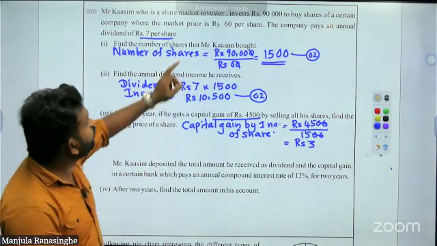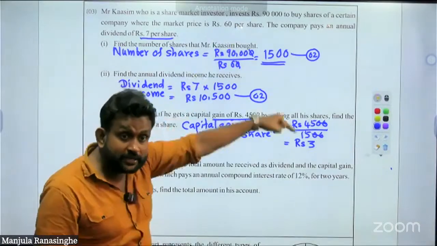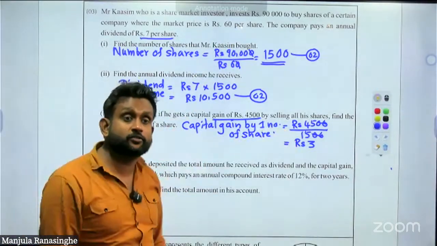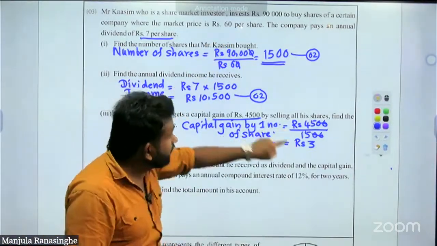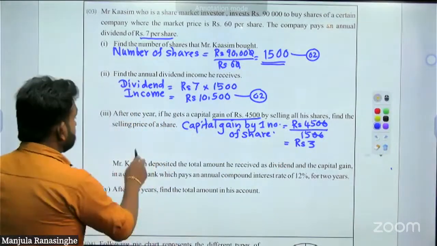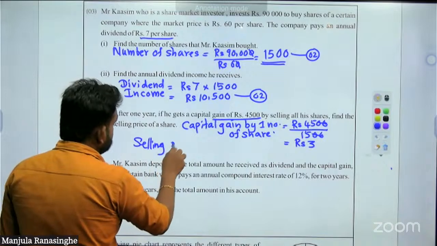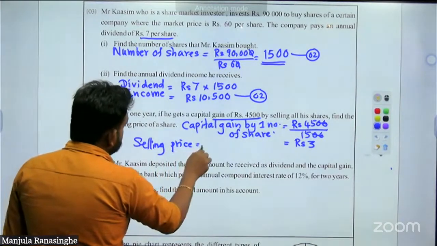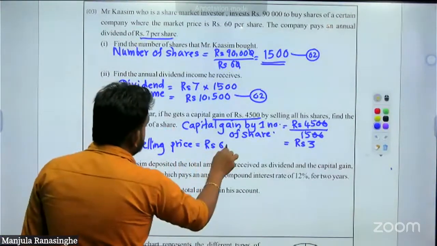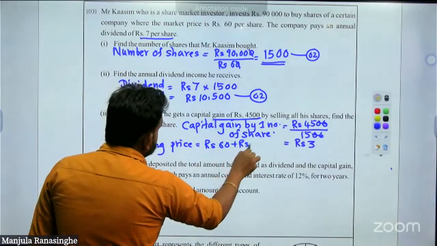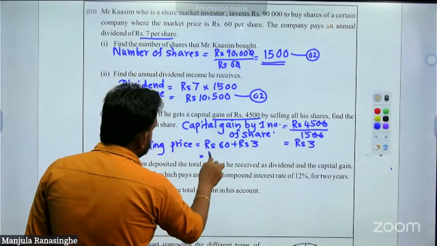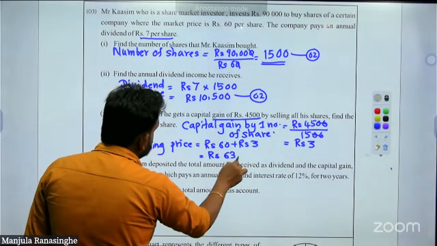Okay, then rupees 3 is the gain. And he bought for 60, to make 3 rupees gain the selling price should be 60 plus 3. So the selling price of a share should be rupees 60 plus that rupees 3, then that gives you rupees 63.